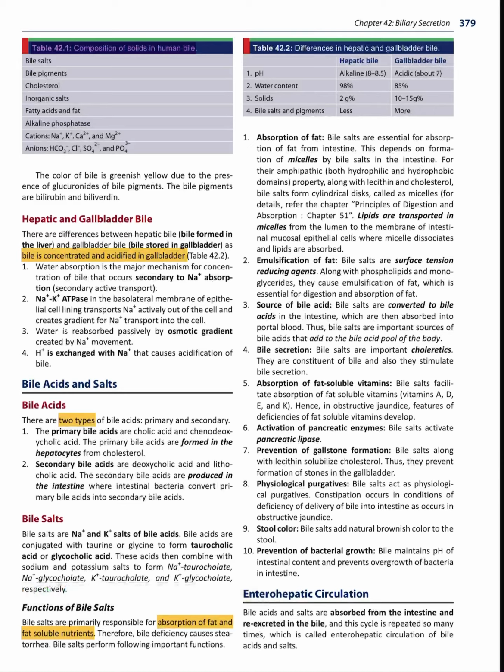Bile salts perform the following potent functions: absorption of fat, emulsification of fat, source of bile acid, bile secretion, absorption of fat-soluble vitamins, activation of pancreatic enzyme, prevention of gallstone formation, physiologic purgatives, stool color, which gives color to stool, and prevention of bacterial growth.